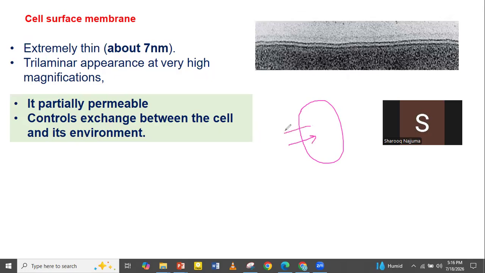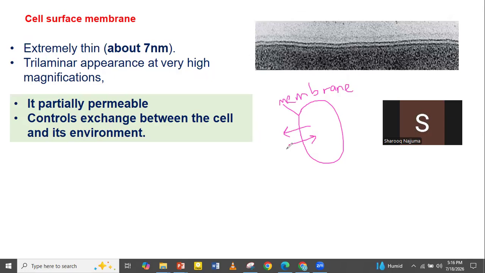If they are to move out, still they have to pass through the cell surface membrane. But the cell membrane does not allow everything to enter, and at the same time, it does not allow everything to leave. So its role is to control exchange between the cell and its environment. It determines what enters the cell or leaves the cell.